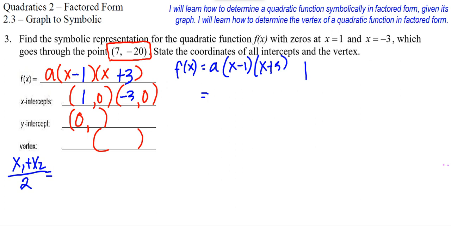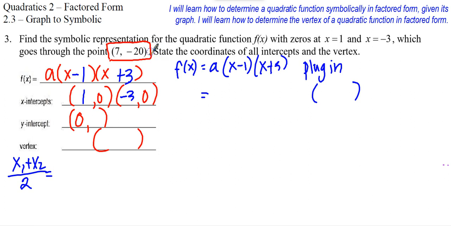What do we plug in? Usually I use the y-intercept, but here there's no y-intercept, though we are given a third point.